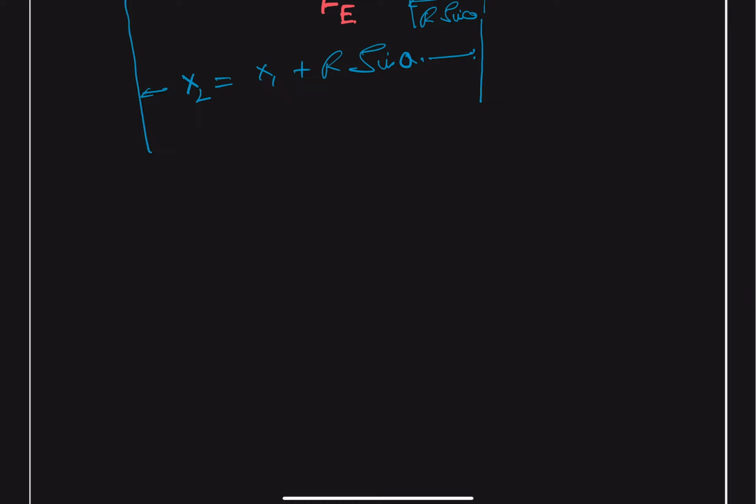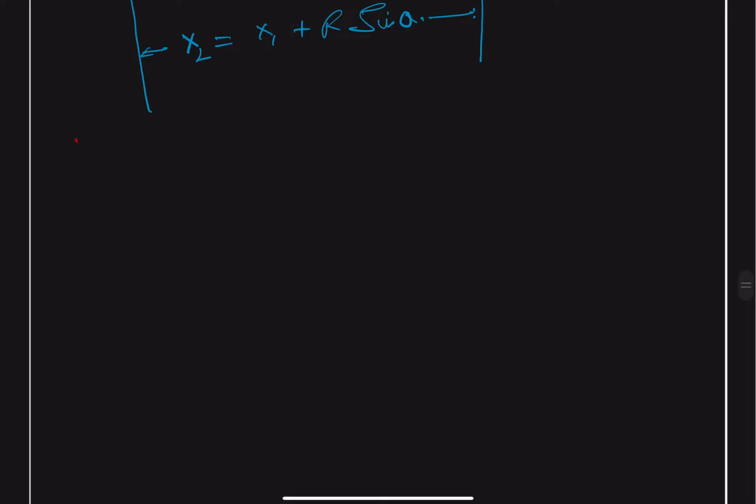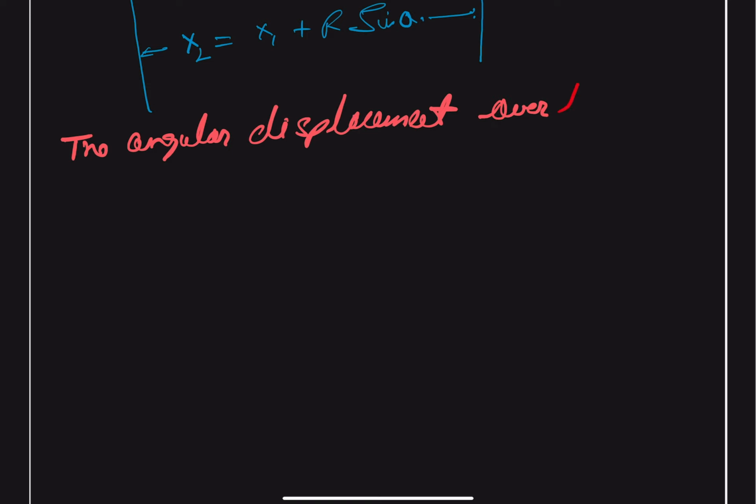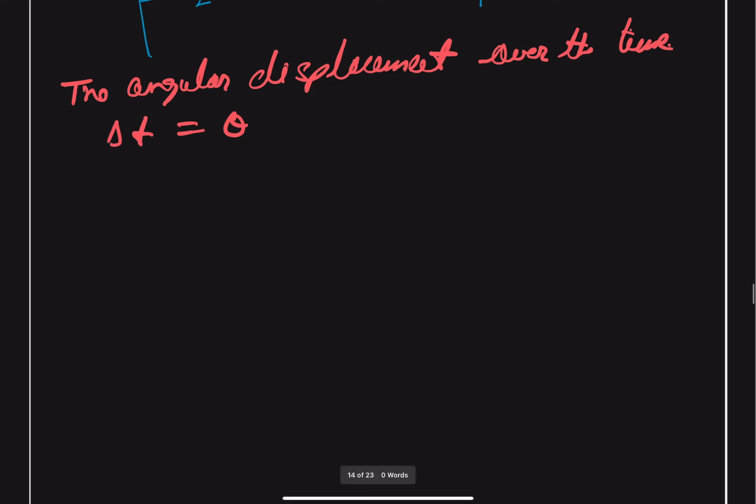We can say the angular displacement which we have said is our theta. We can write the angular displacement over the time delta t, which is given as t2 minus t1, and that will be our theta.